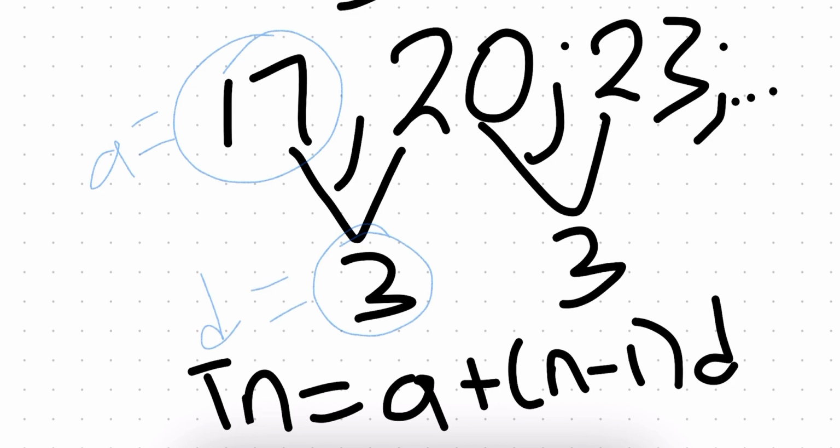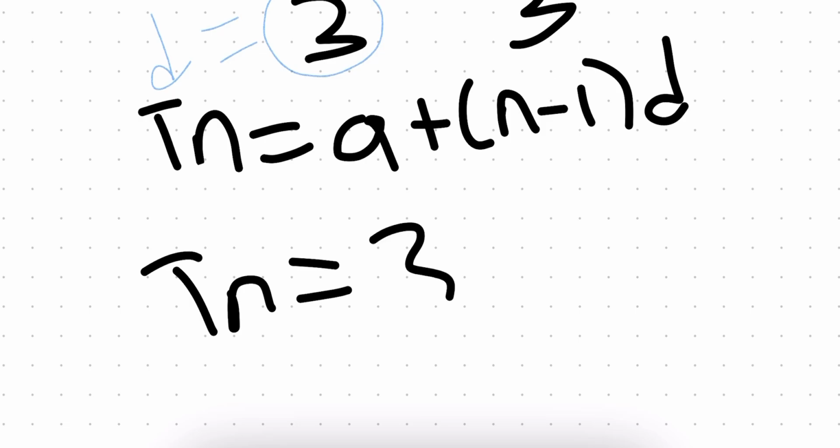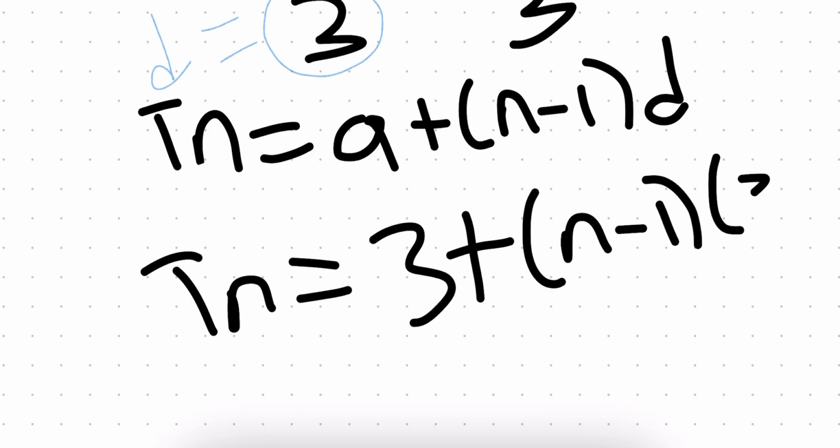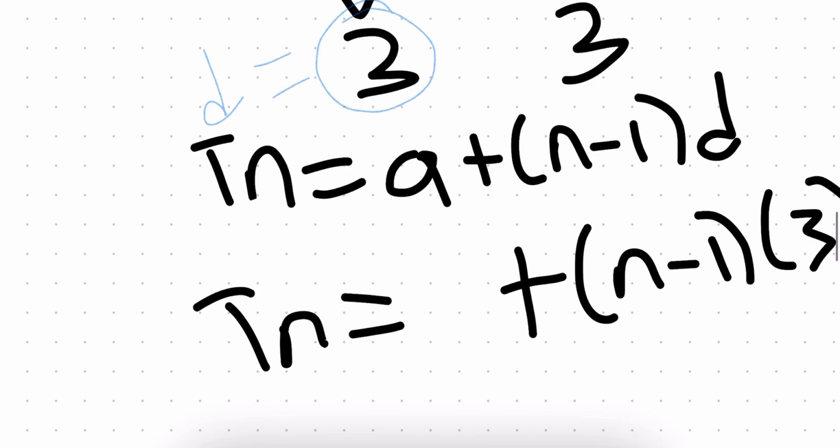This is your d. And then from there you plug in the values of a and d. So it's Tn equals 3 plus n minus 1 into d. Your d is 3. Sorry, your a is not 3. Just made a mistake. Your a is 17.